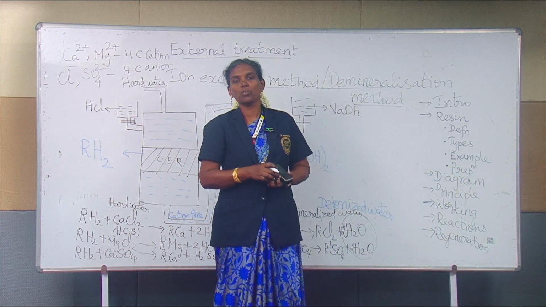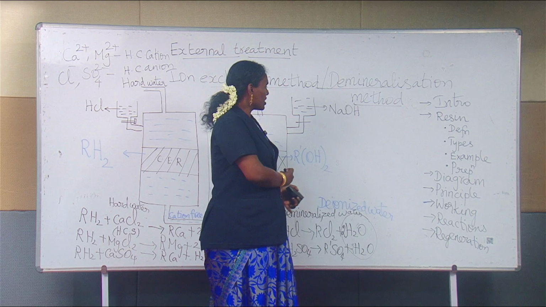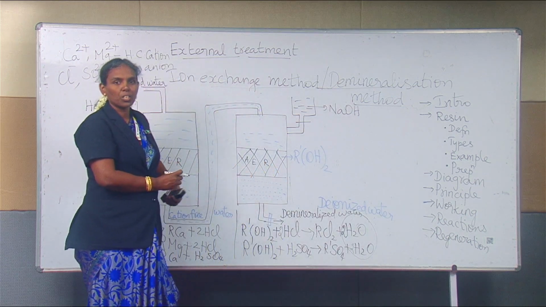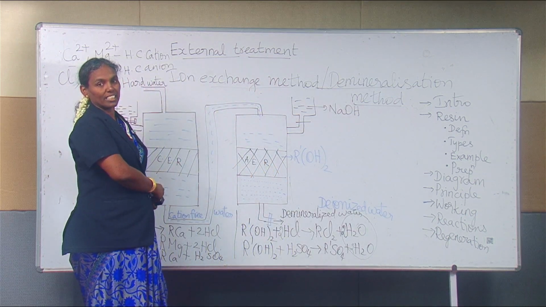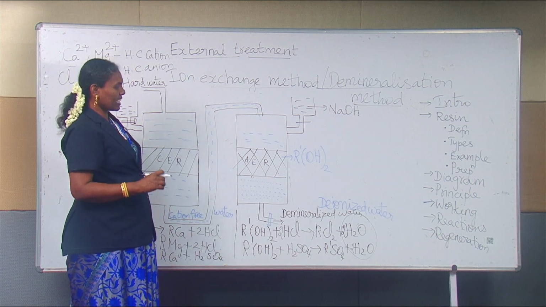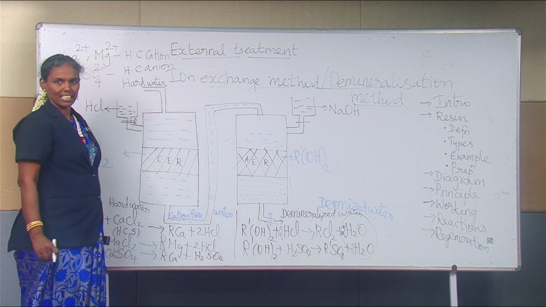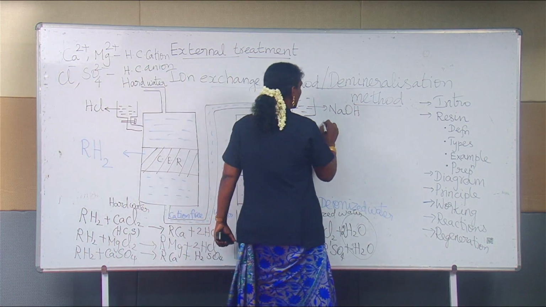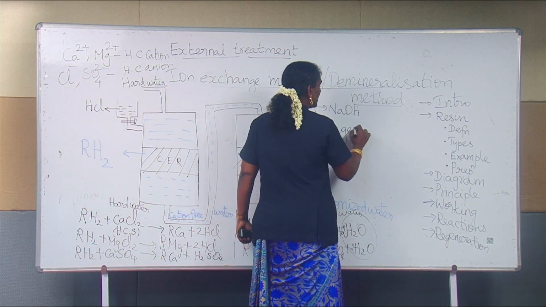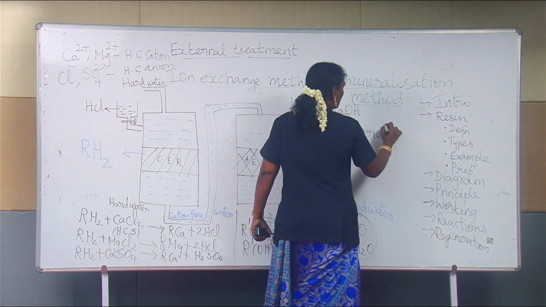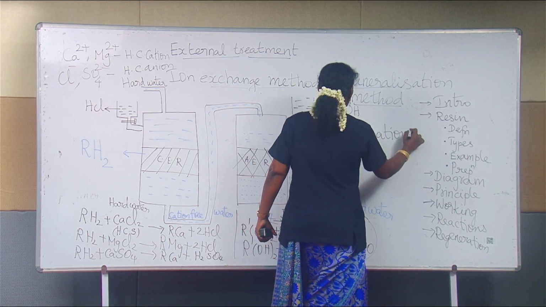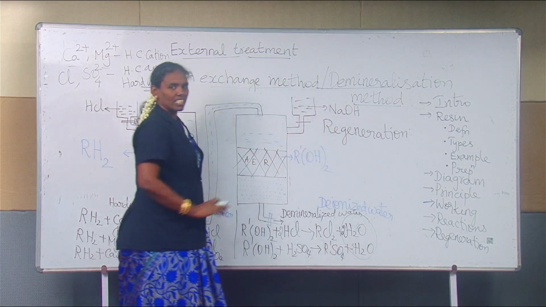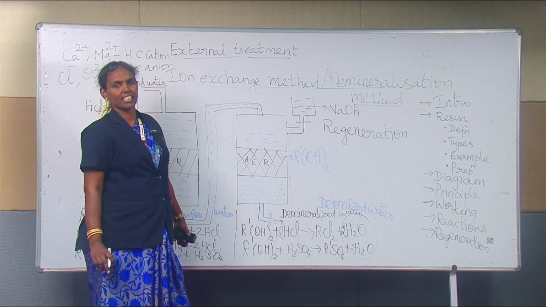On prolonged use, all the resins are exhausted, so during that time regeneration takes place. You can write simply: the cation exchange bed is regenerated by HCl. The anion exchange resin bed is regenerated by NaOH.